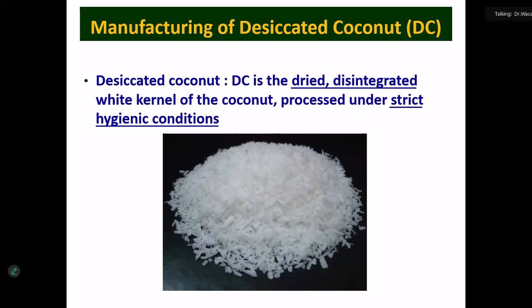Wet means the first 5-6 steps, that is with water. The dry section is completely separated from the wet section. Dry section means after drying the kernel: sifting, grading, packing, and so on.